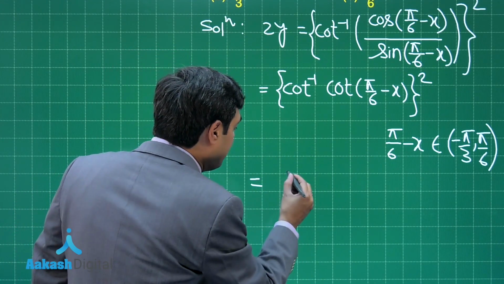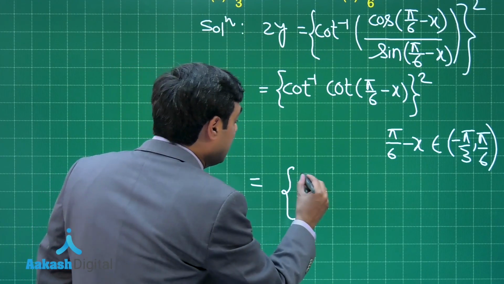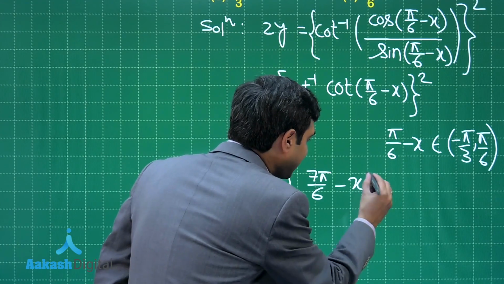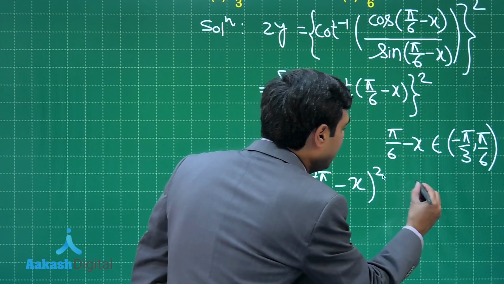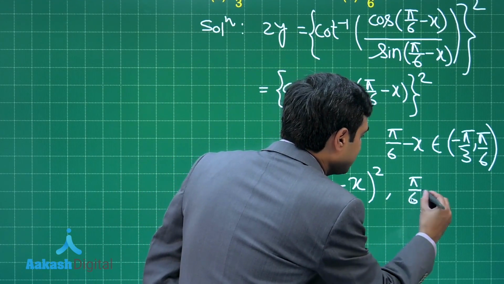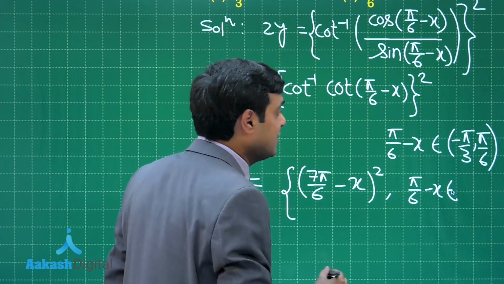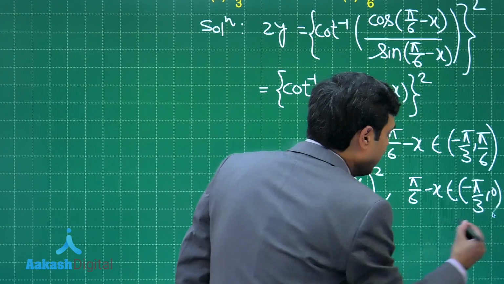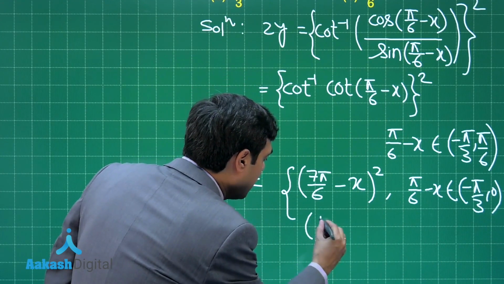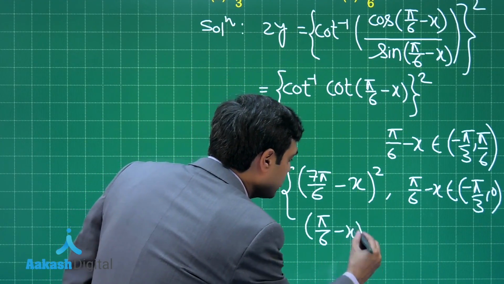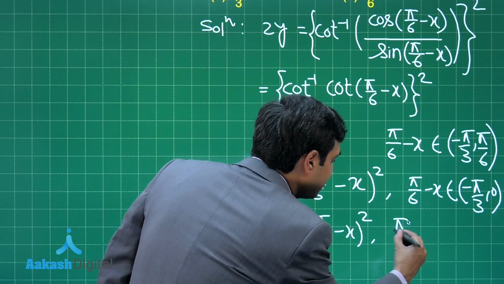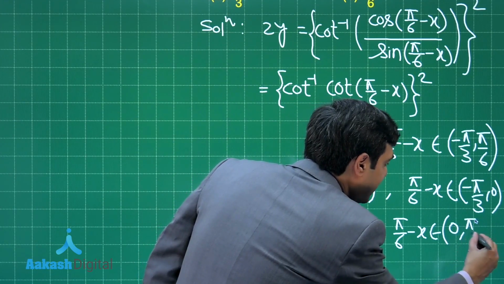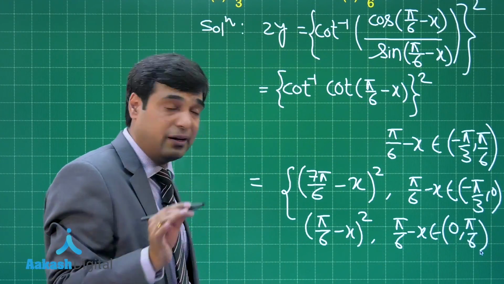So let's write down, this will be equal to 7 pi by 6 minus x whole square if pi by 6 minus x is lying in the interval minus pi by 3 to 0, and on the other hand you will have pi by 6 minus x whole square if pi by 6 minus x is lying in the interval 0 to pi by 6. This point is clear? Okay.